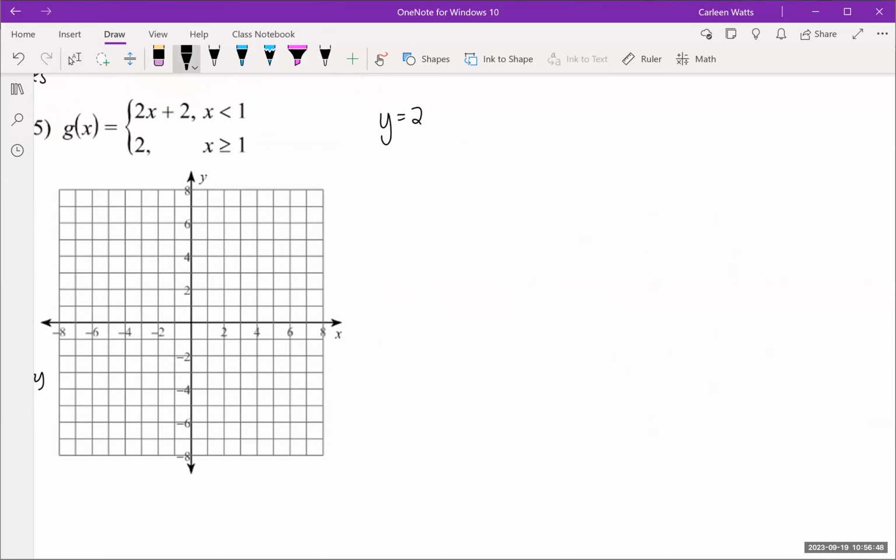Y equals 2x plus 2 and y equals 2. Okay, I think this one's going to be better. Everyone okay with step one? What's my next step? Okay, good. The next step is make a table, point table.